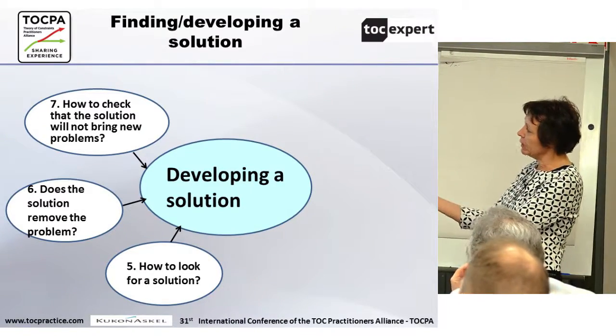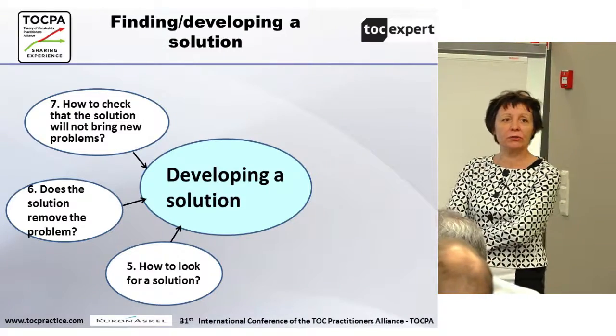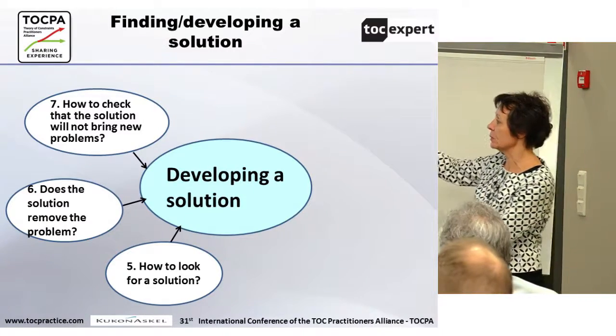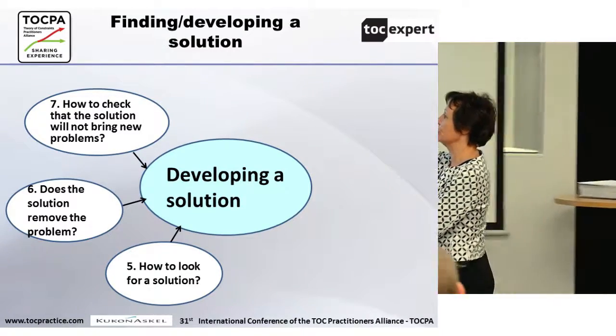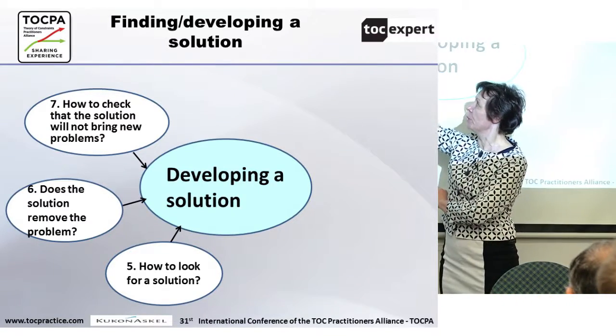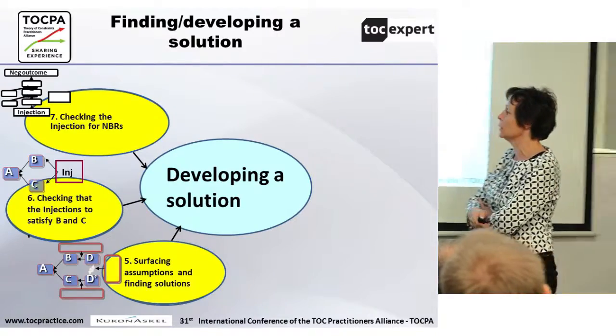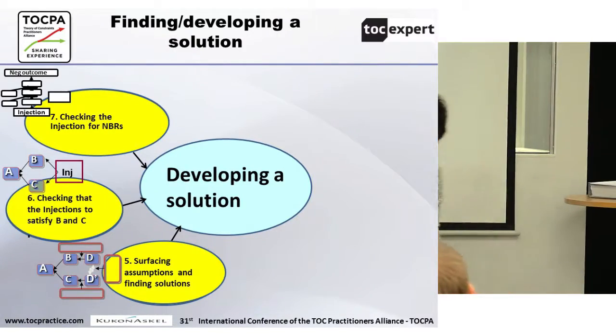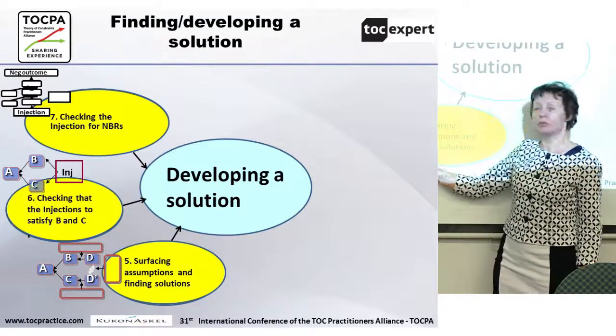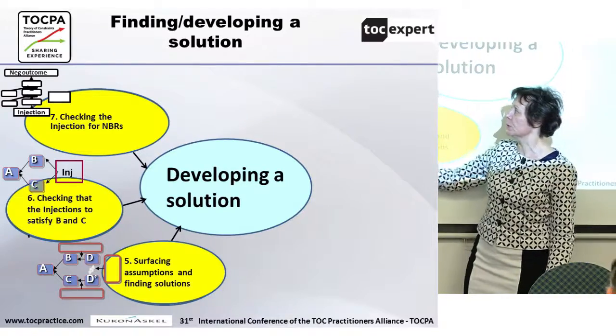So developing a solution has 3 more steps. How to look for a solution. Does the solution remove the problem? And how to check that the solution will not bring you problems. So here we must understand the assumptions that cause the conflict to exist.